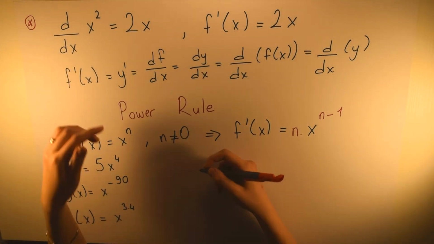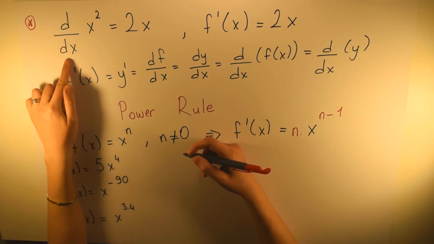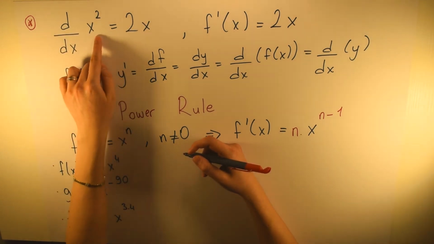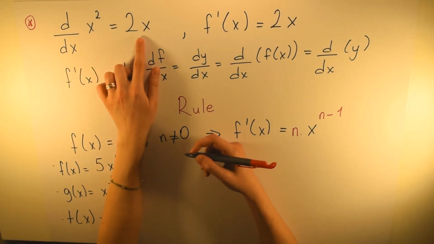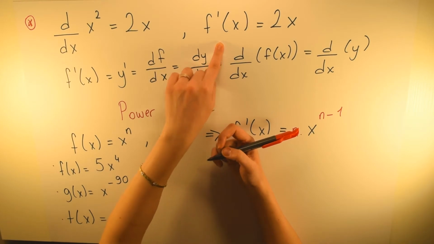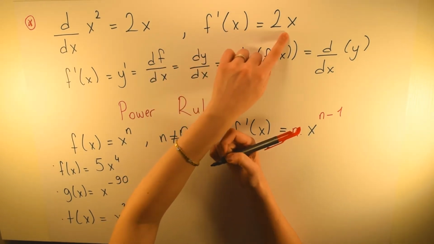Okay, so the derivative is commonly written as d over dx. As you can see here, we have d over dx of x squared is equal to 2x. Another notation, also very common, is f prime of x is equal to 2x.